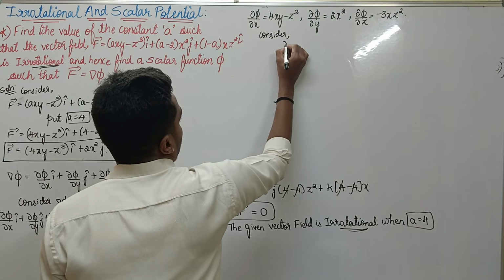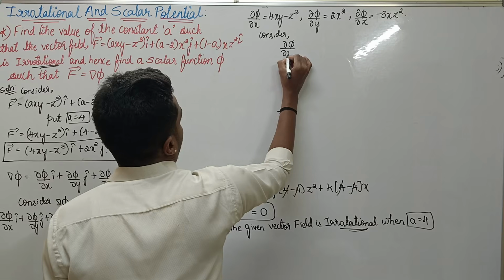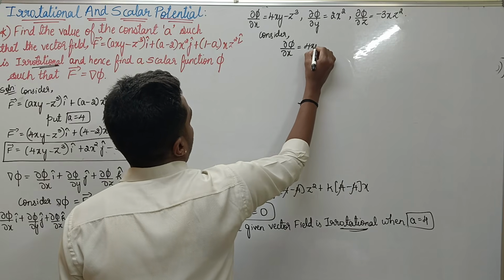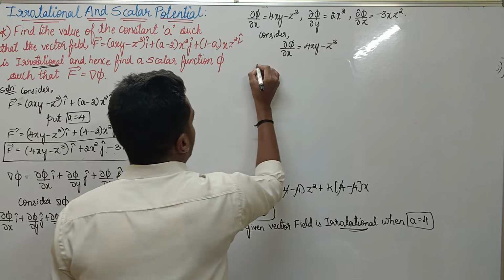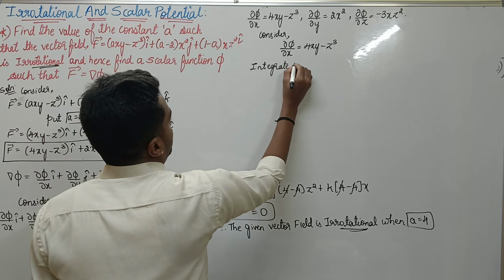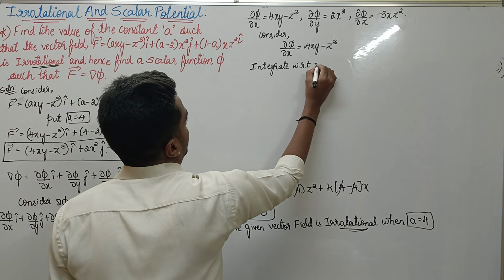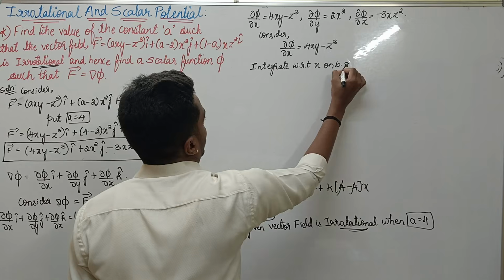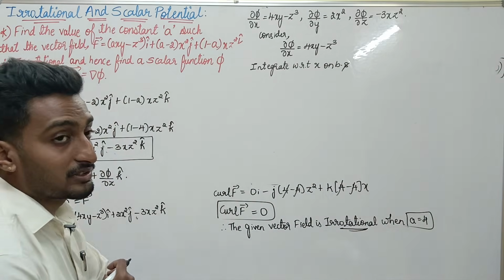Consider ∂φ/∂x, which is equal to 4xy minus z cube. Integrating on both sides, integrate with respect to x on both sides. Since we have dx, I am going to integrate with respect to x.